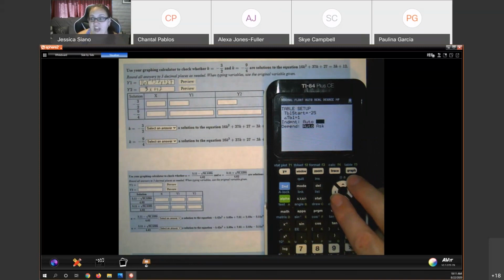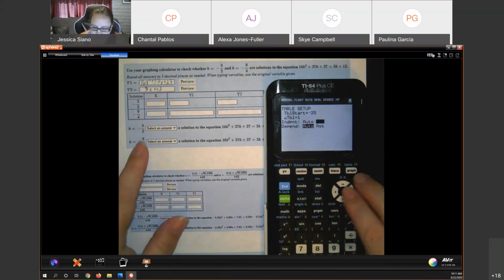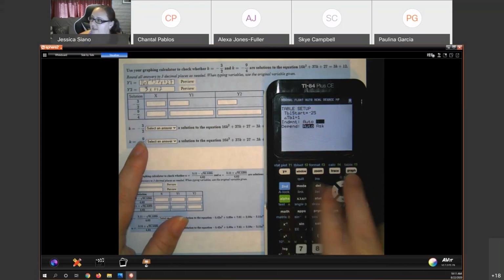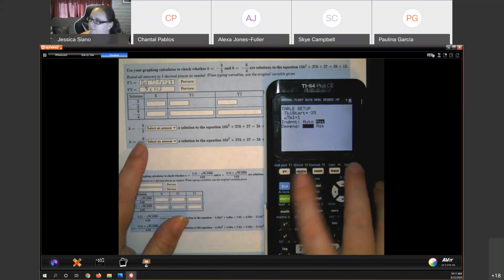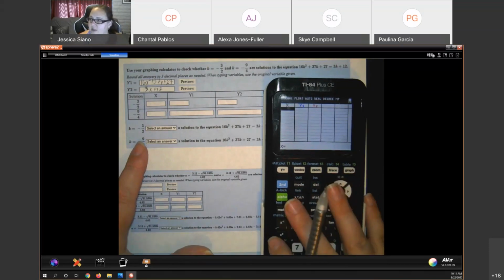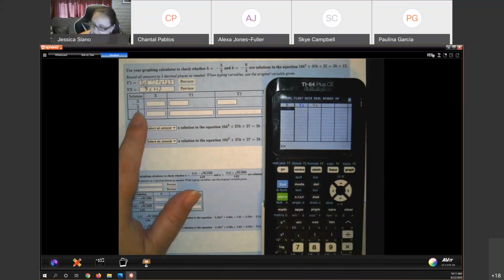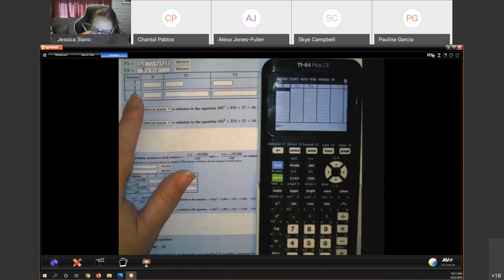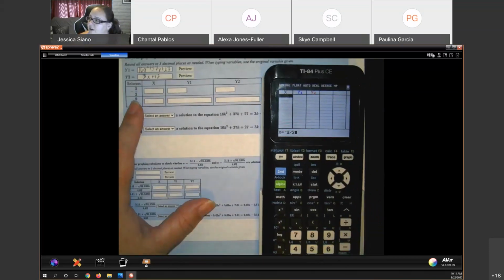Don't just generate a list of x values. Wait until I tell you which x values I want. So now that we've done that, let's go back to the table and see how all of a sudden now there's nothing here anymore. So I'm going to put in negative 3/2 and then press enter, and then negative 9/4 and then press enter.